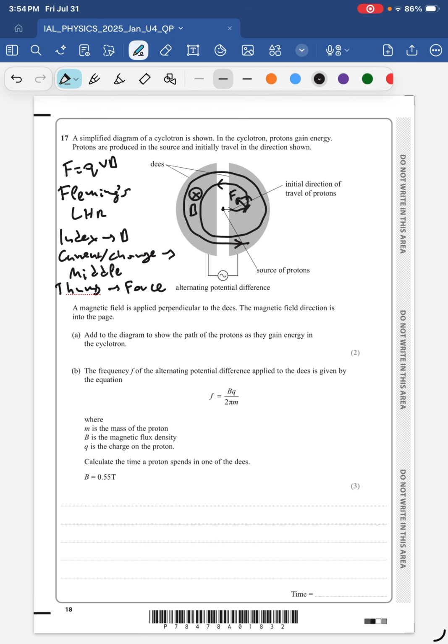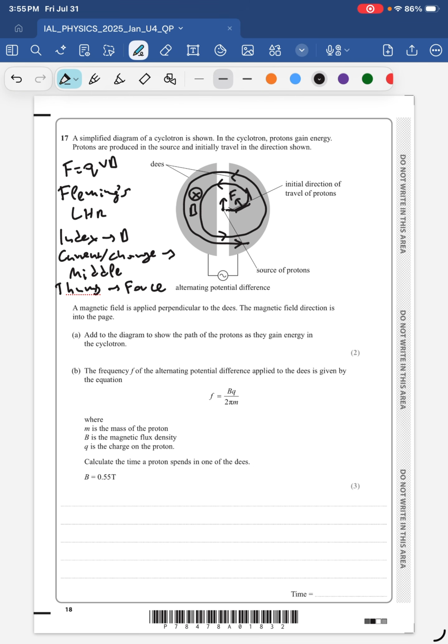They go to the right, and then they go around, and they gain energy, and so on and so forth. I hope this makes sense. If it's confusing, let me know in the comments. Let me redraw. Something like that, with the force F pointing up. The force is perpendicular to the speed, and the speed is tangent to that orbit or direction of motion.